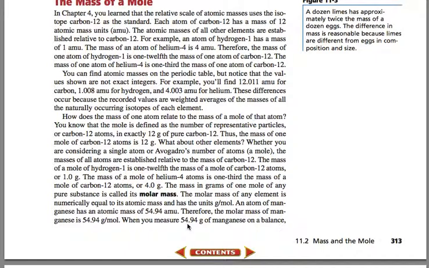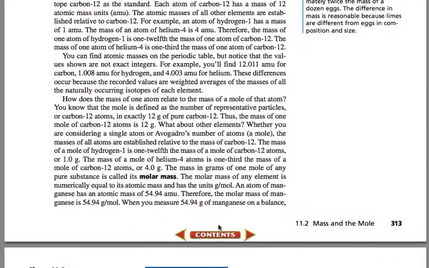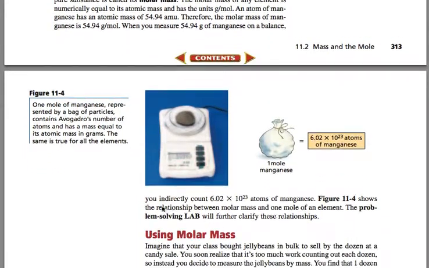When you measure 54.94 grams of manganese on a balance, you indirectly are counting 6.02 times 10 to the 23rd atoms of manganese, okay? So you can count how many atoms by measuring it on a balance. When you measure mass, you can figure out the counting of the atoms as well. Figure 11-4 shows the relationship between molar mass and 1 mole of an element.